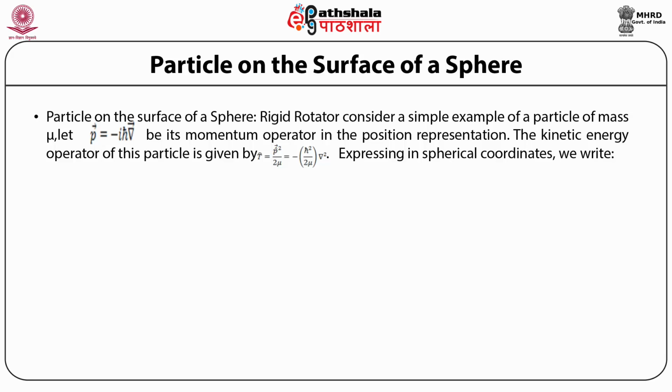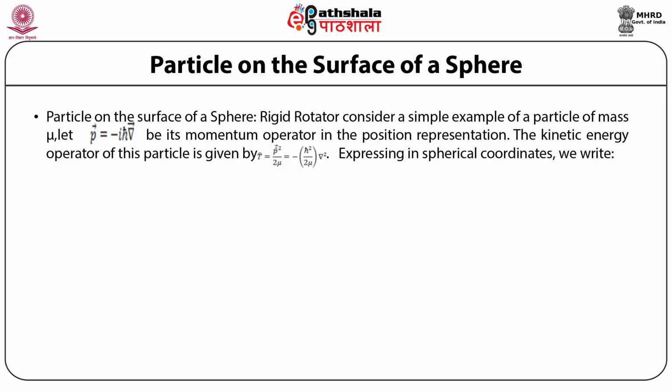Then the kinetic energy operator of this particle is given by operator p square by 2 mu, and this is equal to minus h cross square by 2 mu del square.